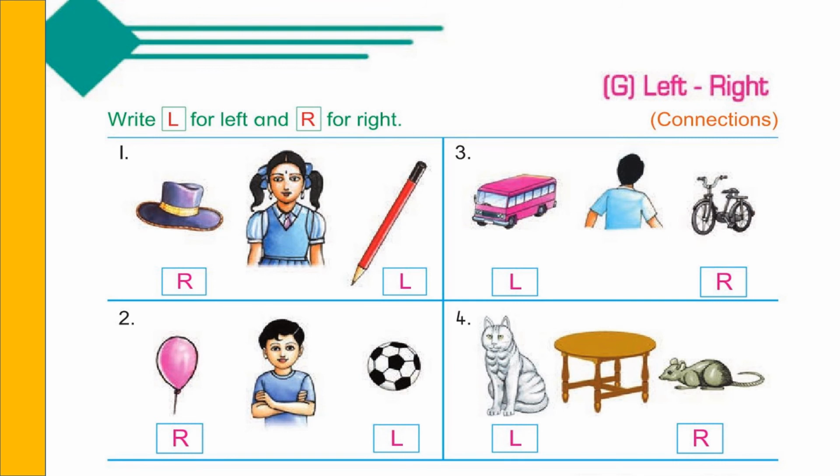It's like we standing as a table. So like how we are sitting in front of the book now. So your left is on the cat side and your right is on the rat side. Similarly, we have given L for the cat and R for the rat. Okay, this is comparing your left side and right side.